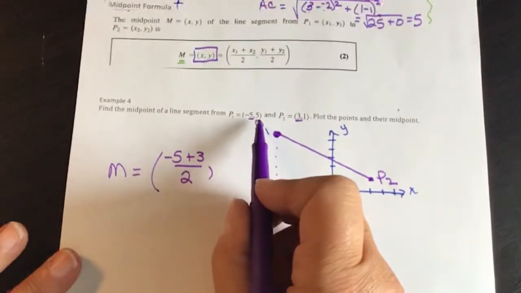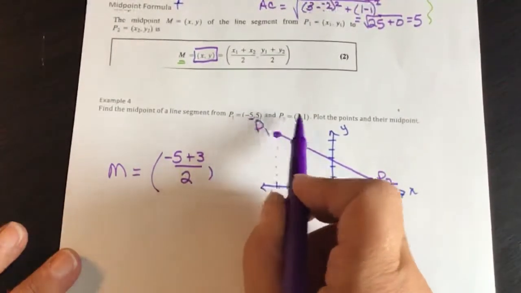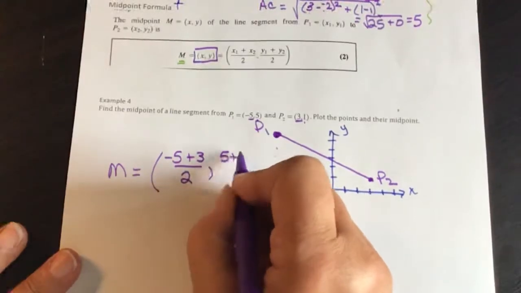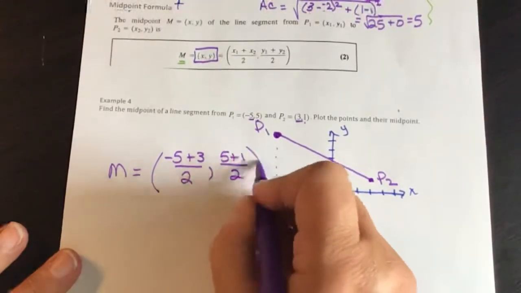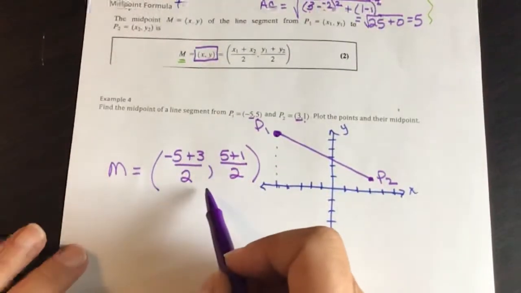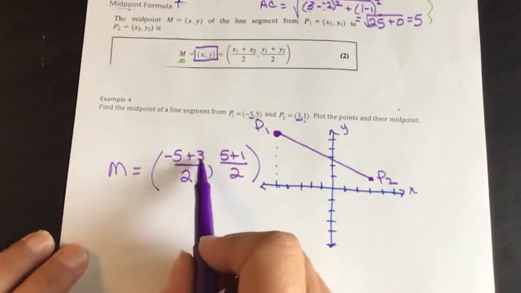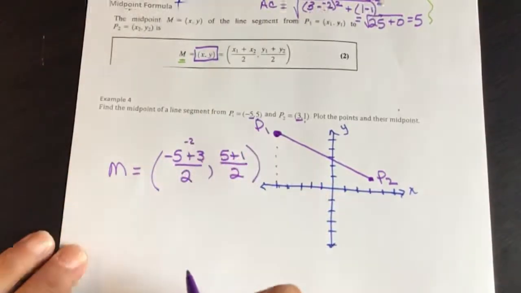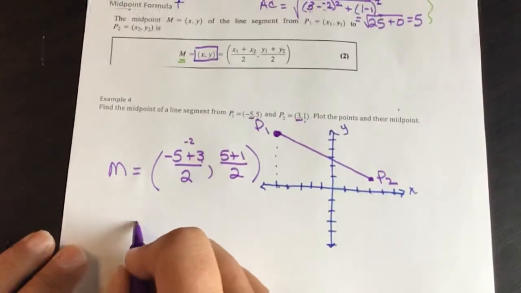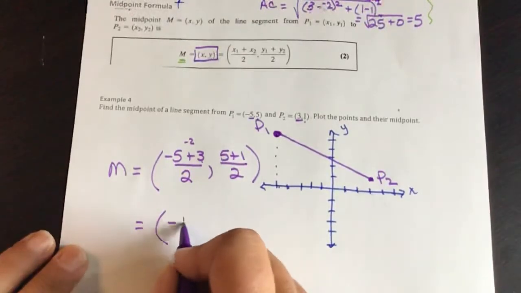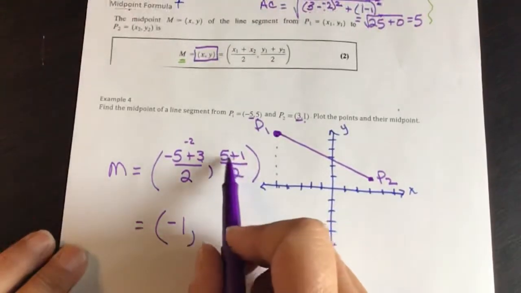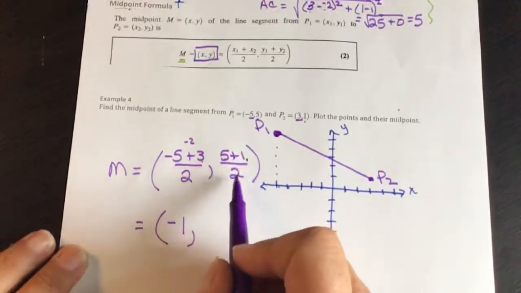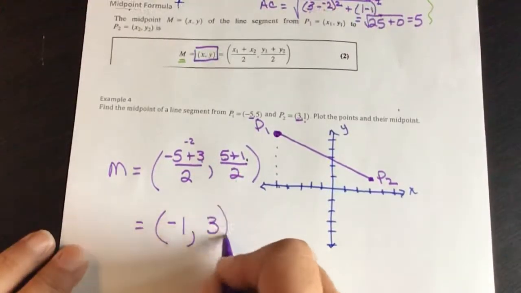Now I do the same thing with the y coordinates: 5 plus 1 divided by 2. If I do these calculations, -5 plus 3 is -2, divided by 2 is going to be -1. 5 plus 1 is 6, divided by 2 is 3.